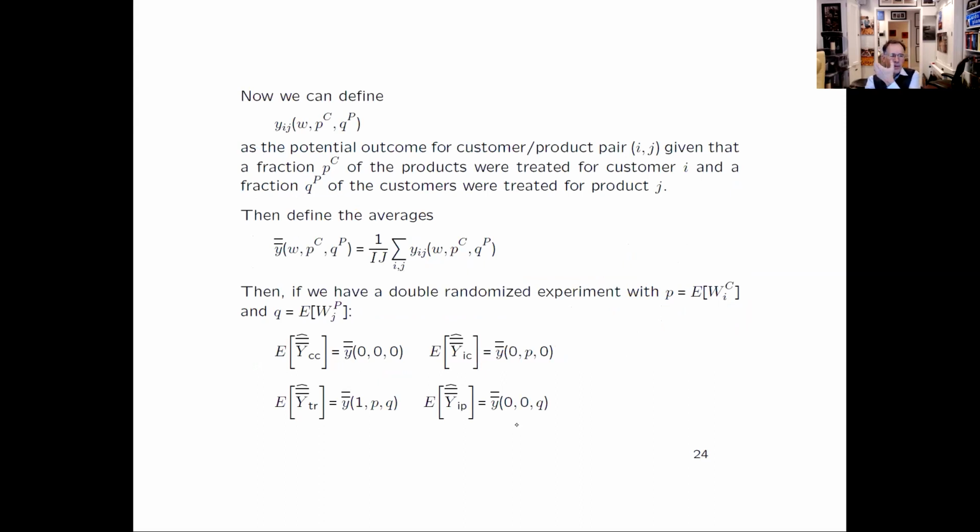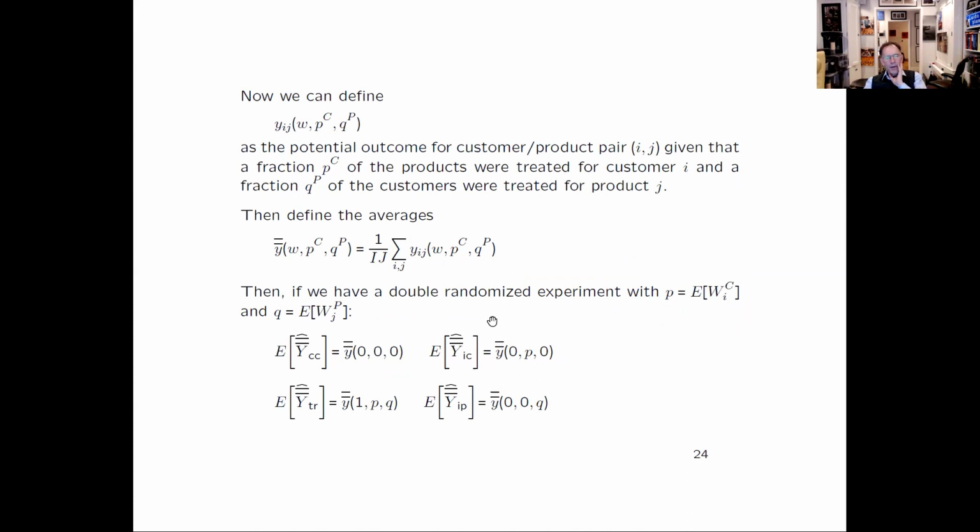Now, given that assumption, that local interference assumption, we can think of the potential outcomes as being indexed by three objects: the scalar binary treatment for that particular unit, and the fraction treated customers and the fraction treated products. And so we can define the averages of those potential outcomes over all units, over all pairs in the population.